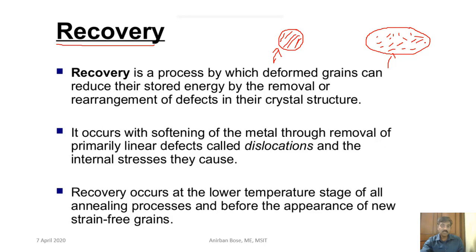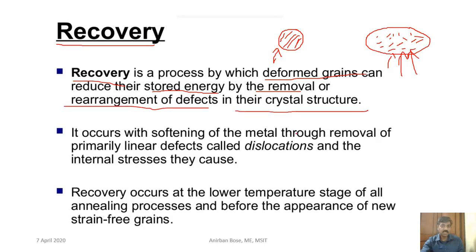And to relieve these stresses, the material is initially heated, and this initial heating at a low temperature, maybe 250-300 degrees centigrade, is called recovery. Recovery is the process by which the deformed grains can reduce their stored energy by rearrangement of defects in their crystal structure.